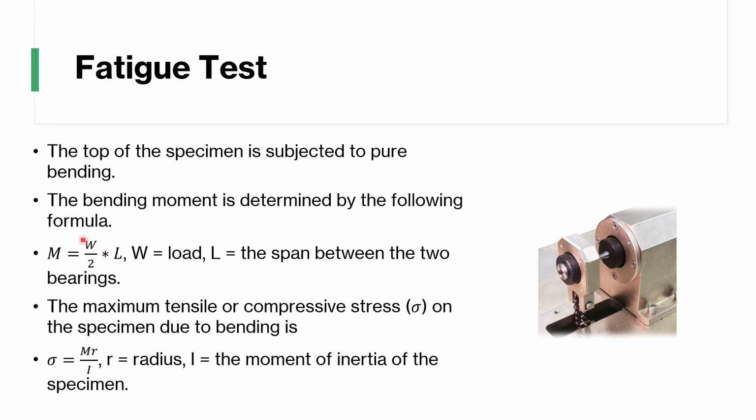We multiply W and L, your load and your span, divided by 2, and you get your M. The maximum tensile or compressive strength is your sigma, and we can calculate it by getting the radius, using the bending moment M divided by the moment of inertia.